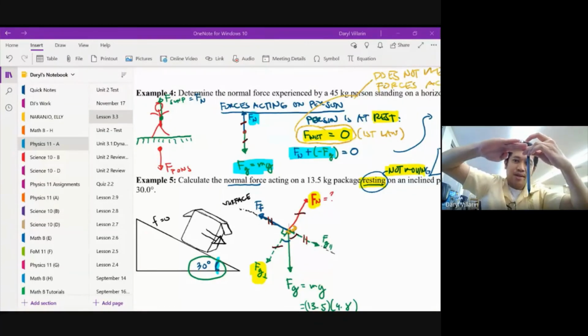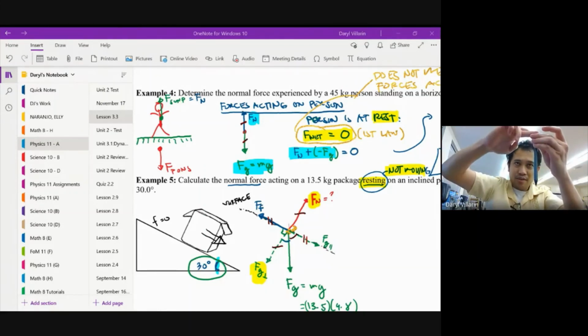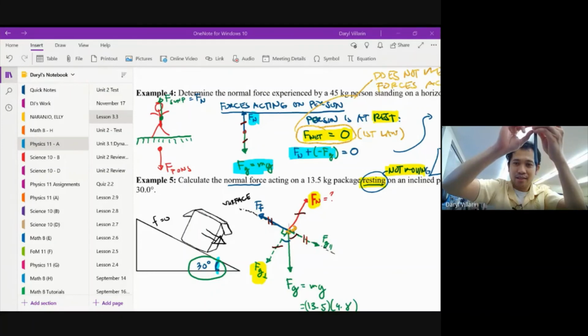Can you see that one? The angle between this straight line and this line here is 90 degrees, correct? However, if I'm gonna move this one up slowly, the angle here decreases, right? It's no longer 90 degrees.